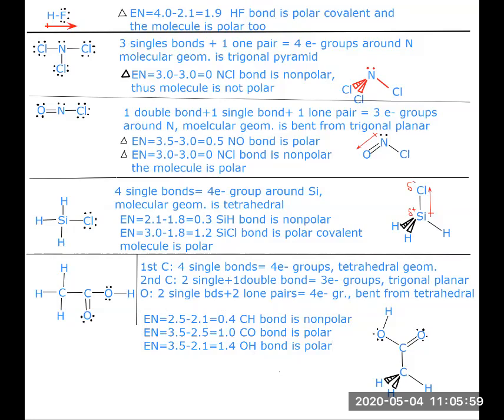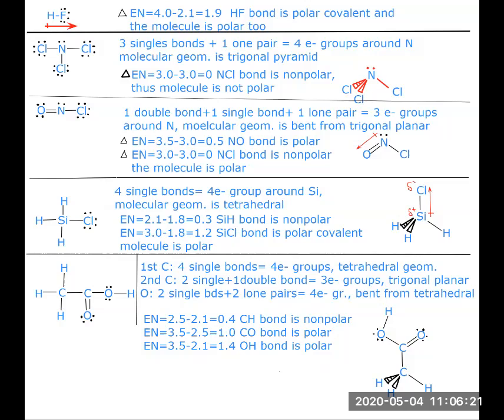Okay. So we said the CH bond is non-polar, so there's no need to show the delta pluses and delta minuses when you have non-polar bonds, right? Non-polar bonds, you should never have an arrow there or a delta plus and delta minus. So this is non-polar, this is non-polar, the CC bond is non-polar.